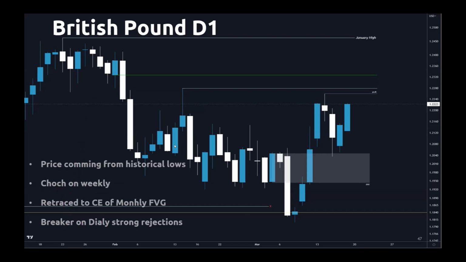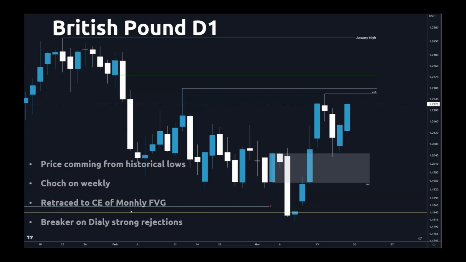Okay. So what's happening in here? As the price went up, there was a monthly gap, and in the middle of that gap is this line. Look at the monthly chart, it's this line.